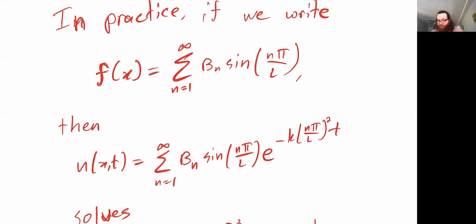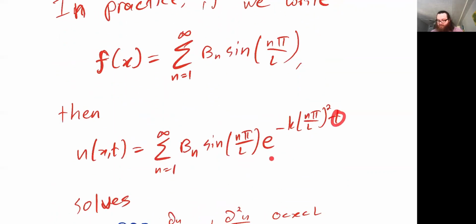You can double check by plugging in t equals 0. That's going to go to 1, and we're left with this.